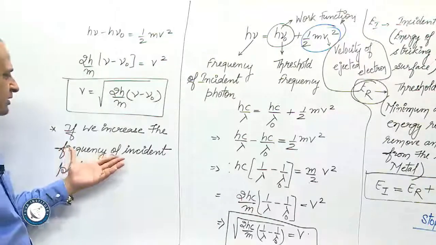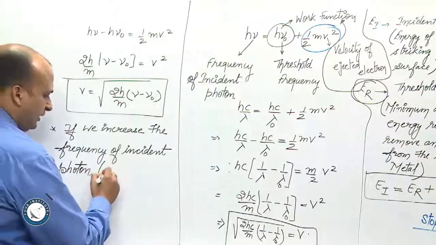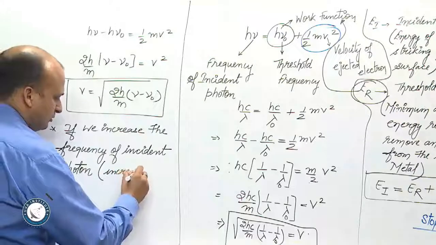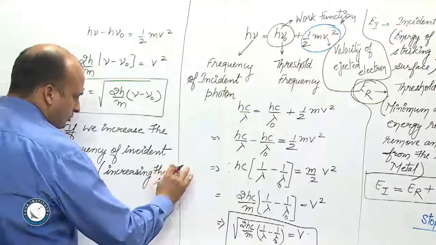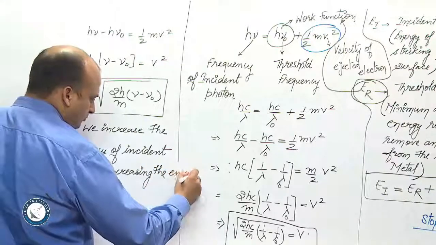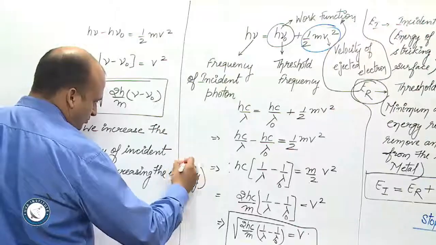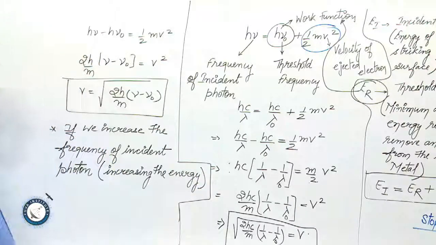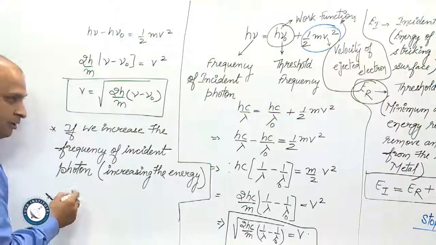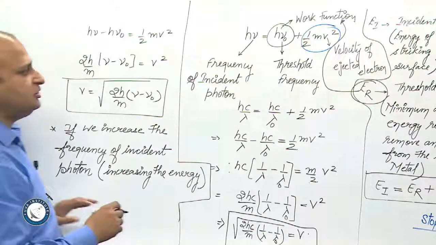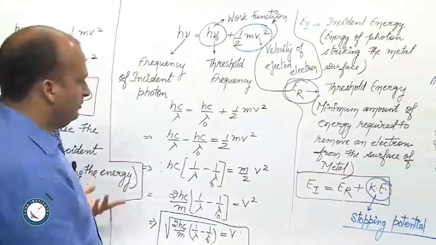See beta, when I am increasing the frequency of incident photon, basically I am increasing its energy, isn't it? If you increase the frequency of incident photon, that is, you are increasing the energy, what will happen?